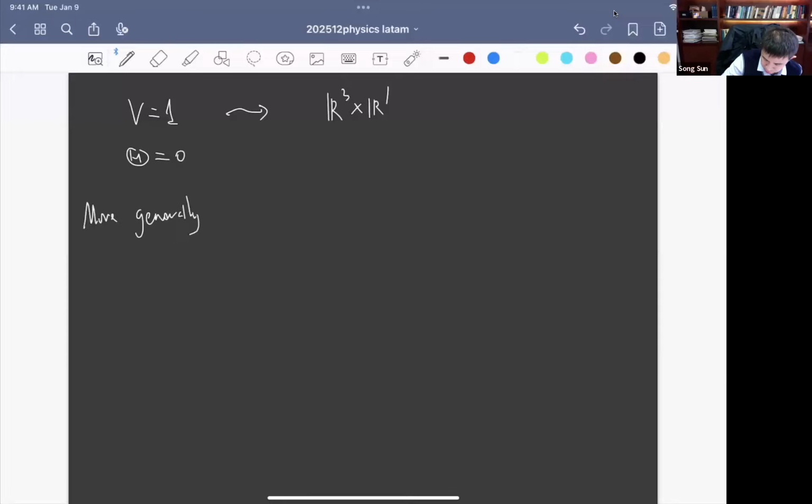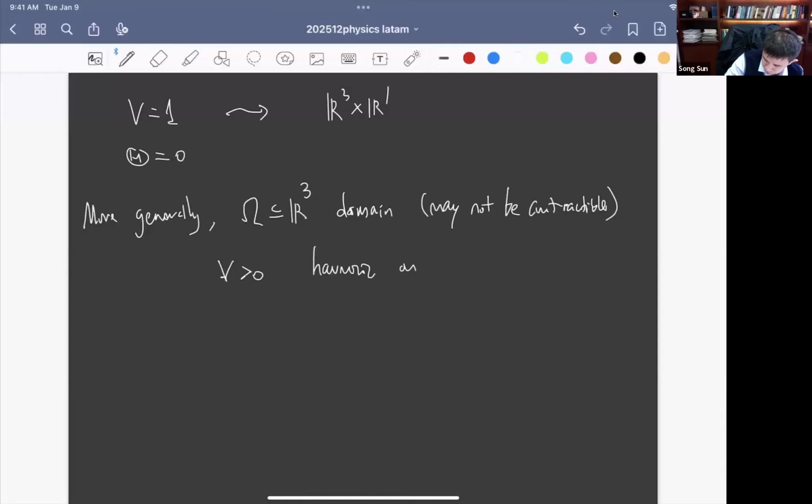So allow omega in R3 to be a general domain, which may not be contractible. For example, a punctured ball. But in this case, there's a problem. You have V again harmonic on omega. For example, this will include the case of Green's function, right? Then you have a positive Green function on the whole R3, with a pole at the point, but you can remove that pole.